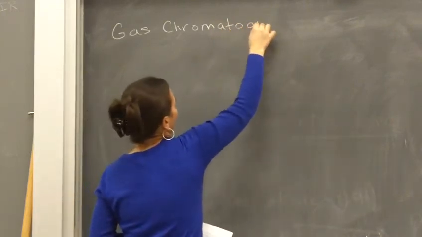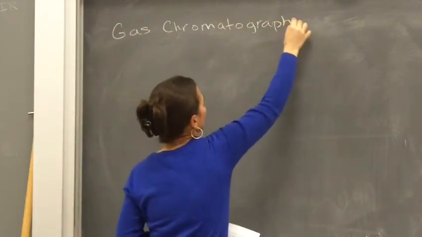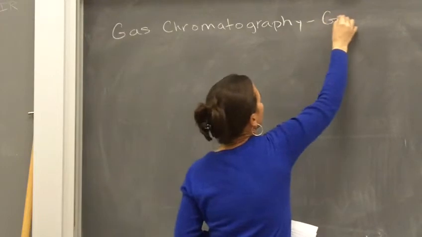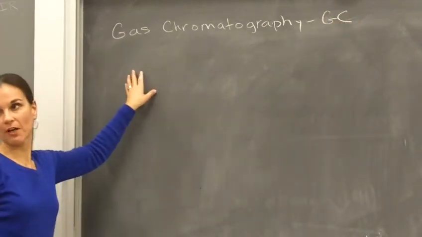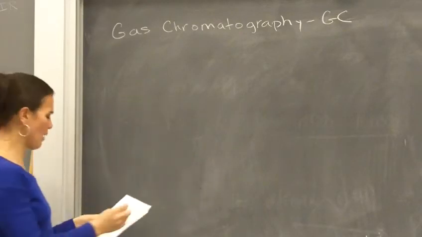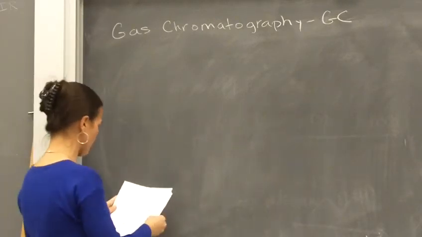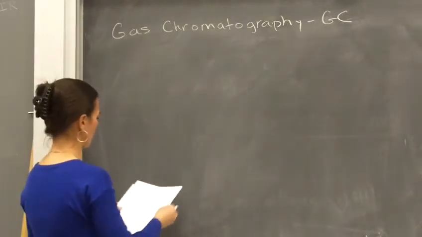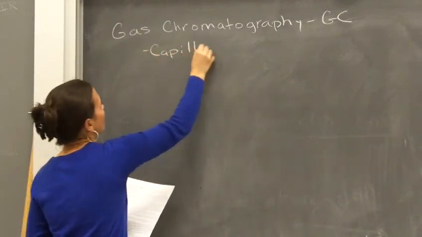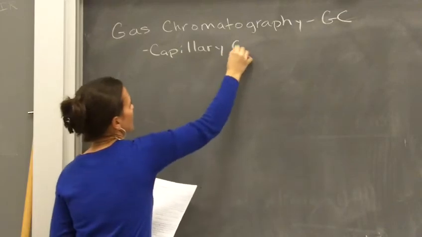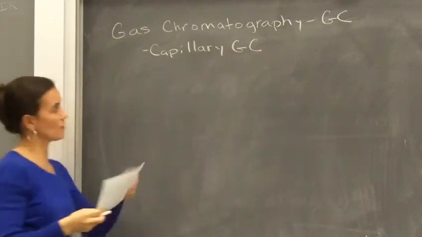Both our experiment 8 and experiment 11 products are going to be analyzed with gas chromatography, okay? More specifically, what we use is called capillary GC, and that's because the column that we use is so tiny.